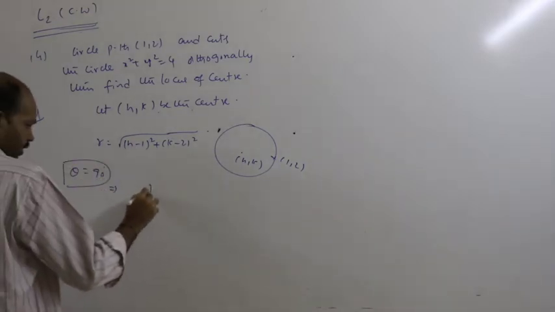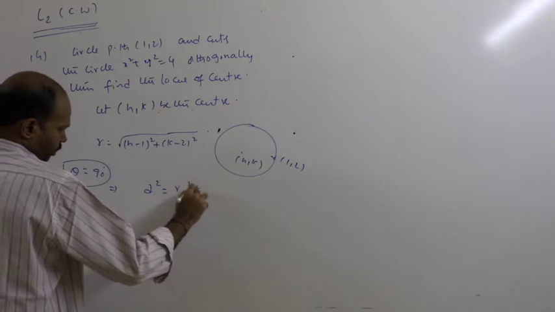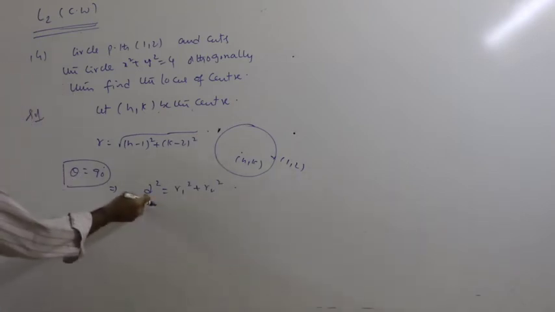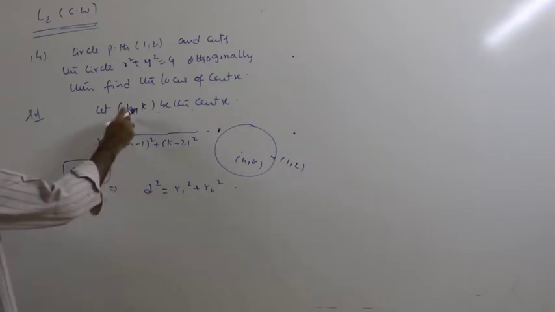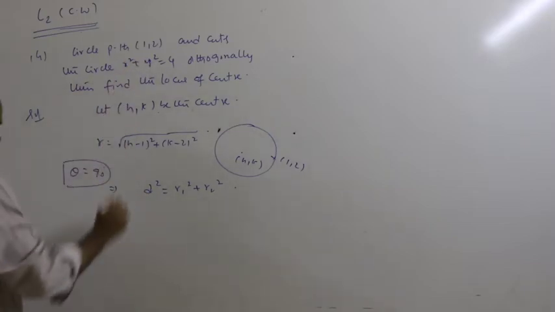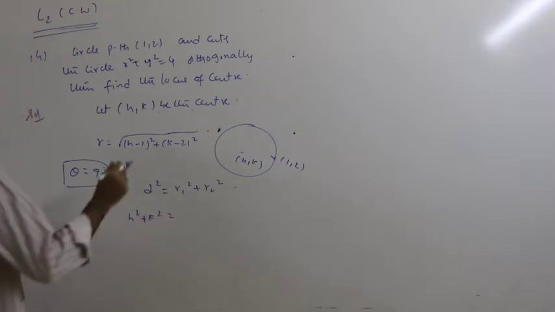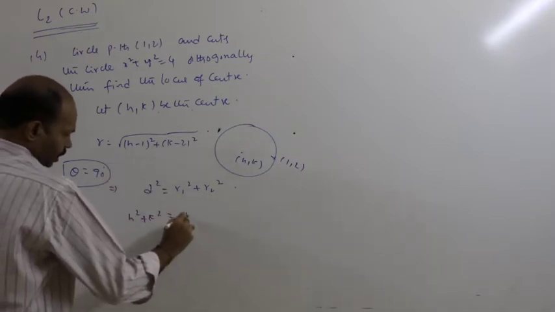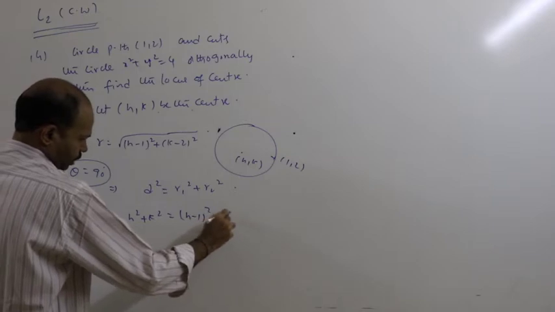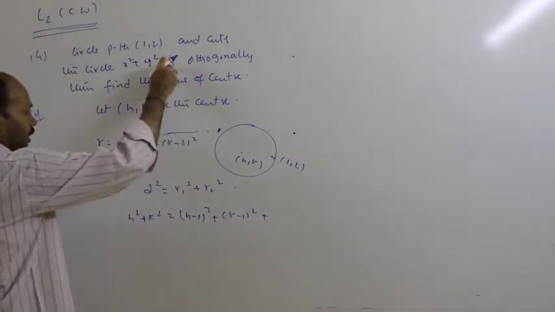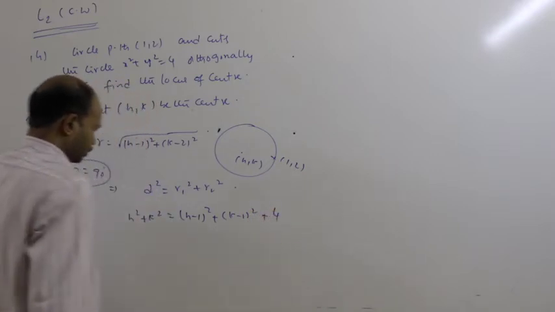Then you know the condition is d square is equal to r1 square plus r2 square. D is the distance between the centers h comma k and 0, 0: h square plus k square. What is r1 square? h minus 1 whole square plus k minus 2 whole square. What is r2 square? That is 4.